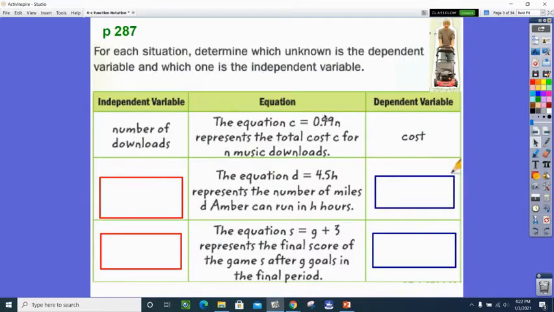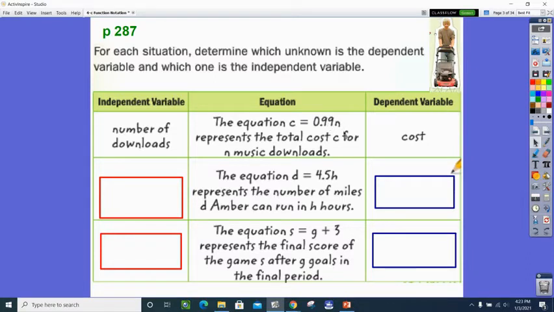So we're now going to start looking at these equations, as you see down here, very simple equations, but they're going to have two variables, and one is going to be an independent variable and one is going to be a dependent variable. The independent variable, you're going to get to choose how many. So in this case, C is the cost in dollars, and N is the number of music downloads. If you went out to iTunes or something like that and downloaded some songs, each one in this case would cost 99 cents.